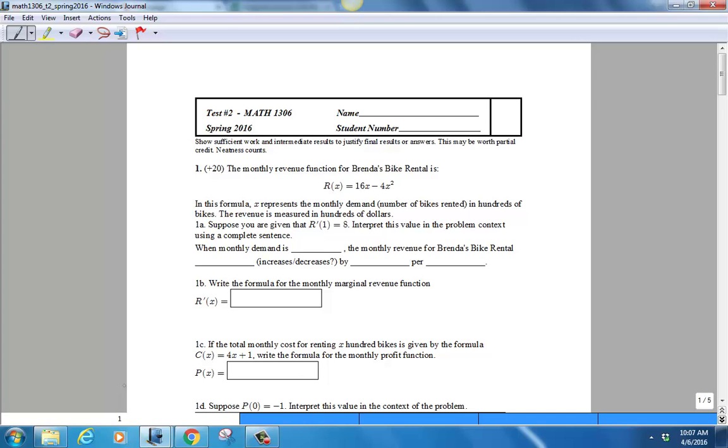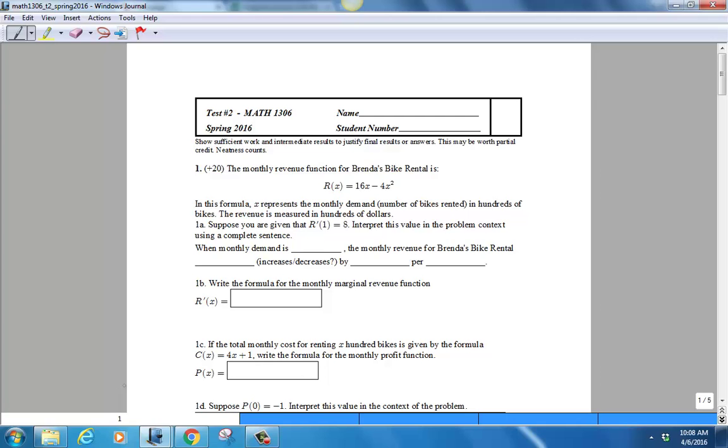I think this was worth 5 points. So try to be more careful about these interpretations because you really do have to be kind of exact in your language.